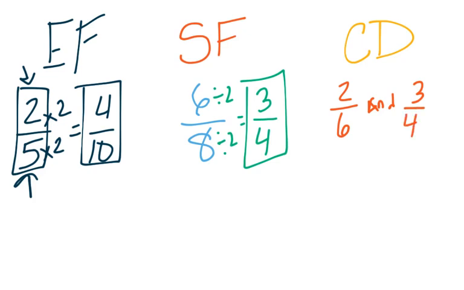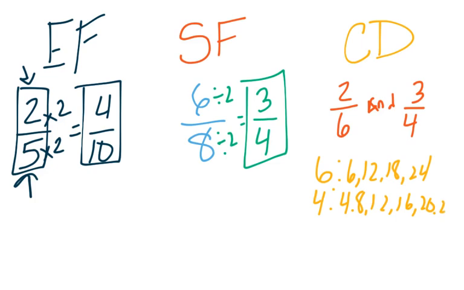I would first find my multiples of 6 and 4. 6, 12, 18, 24, 4, 8, 12, 16, 20, 24. I would circle what they have in common.